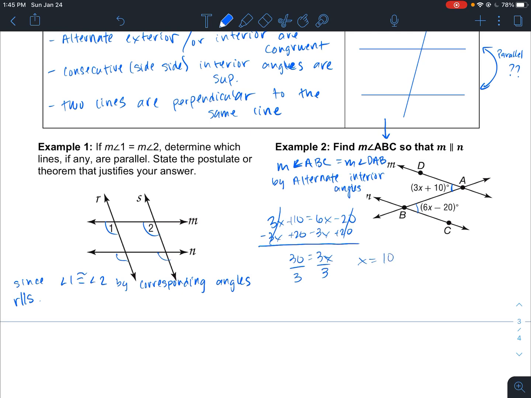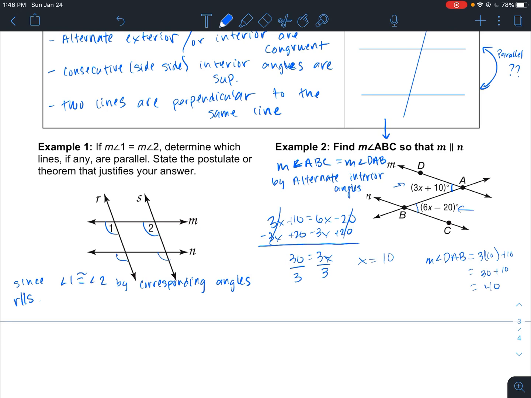So if I know that x is equal to 10, let's go ahead and plug these into these equations. So measure of angle DAB, that's equal to 3 times 10 plus 10, which is equal to 30 plus 10, which is equal to 40.